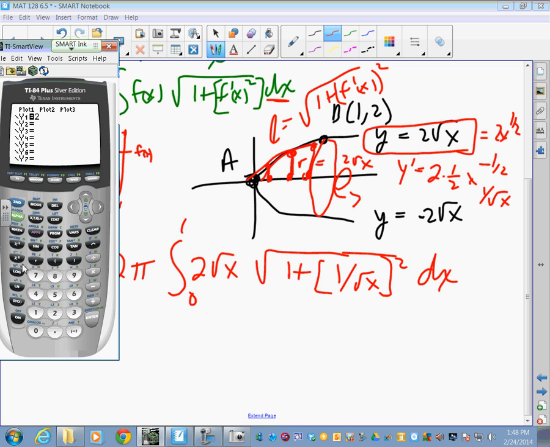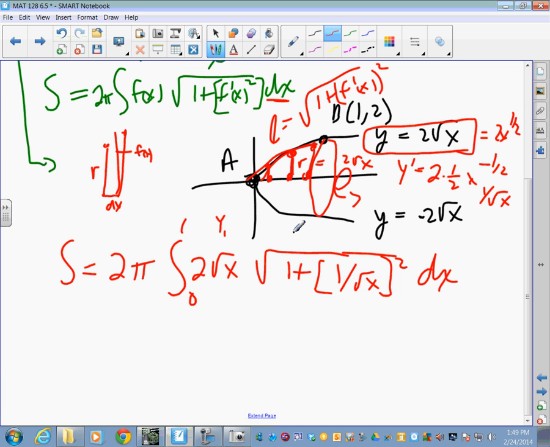2 times the square root of x, times the square root of 1 plus 1 divided by the square root of x. Close it off.